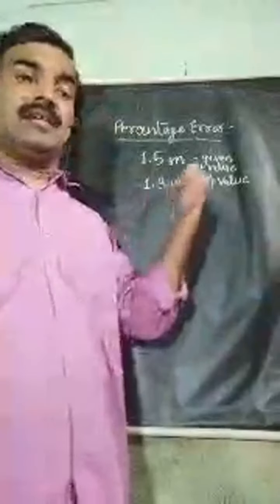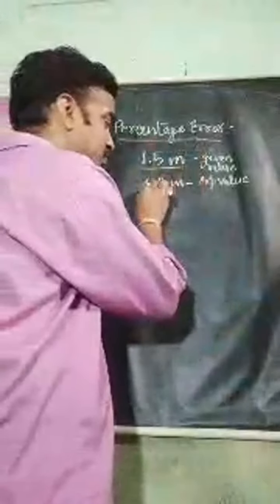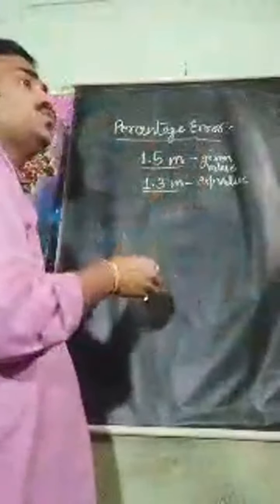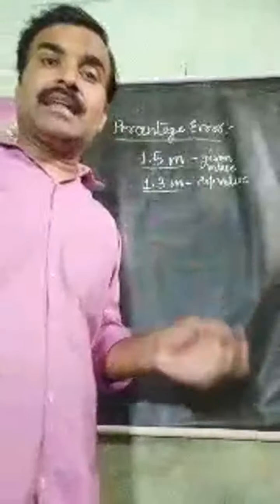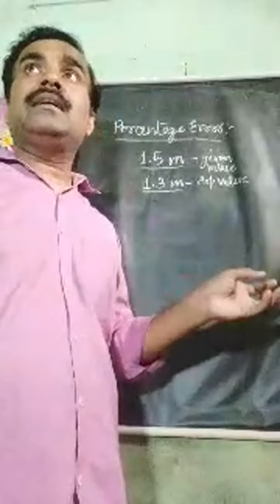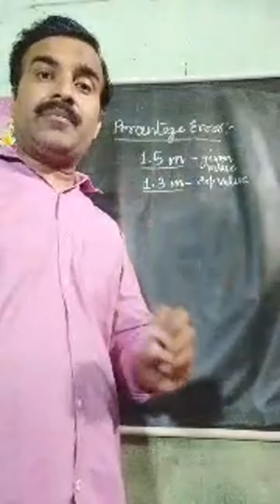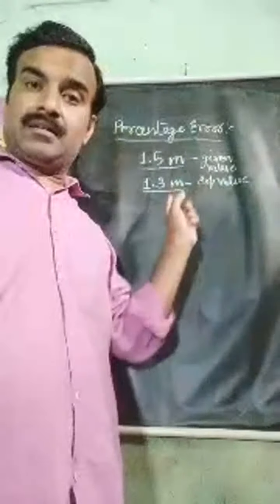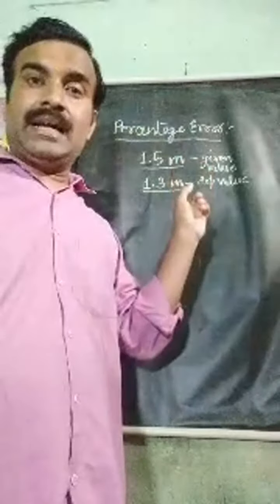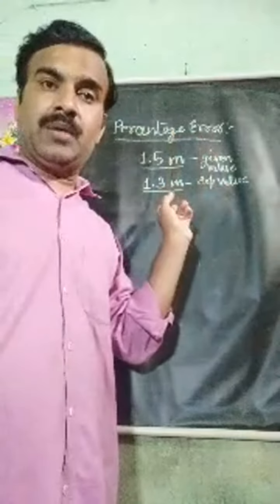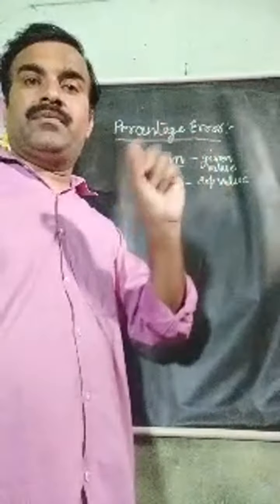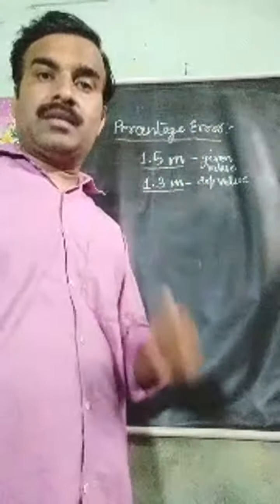Given value is 1.5 meter, and the experimental value, that means once you measure it, is different. That means there is some error. Whatever length is given and whatever experimental value you have got, both are different.